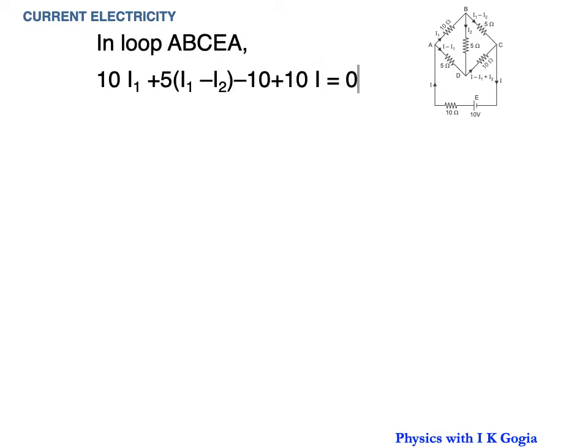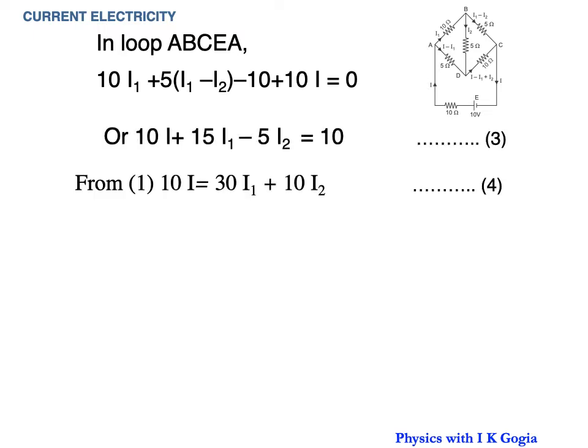And then we have to use another loop ABCEA. There you can write the condition by using the loop rule and simplify the equation. This is equation number 3. We will be using these equations to get the values of the currents in different branches.